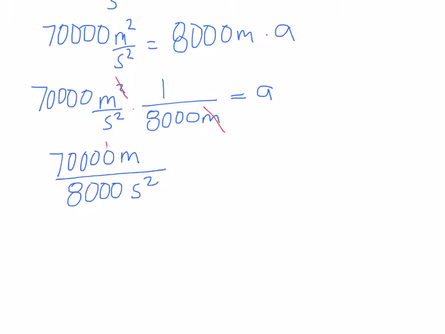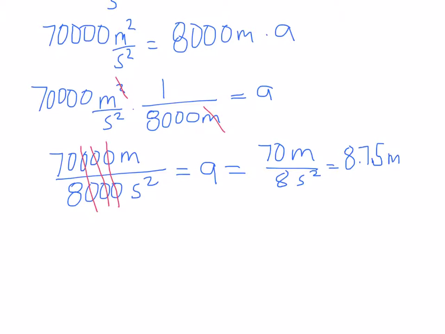So I'm going to cancel some zeros out. That makes things a lot easier. So I'm left, and that's equal to A, with 70 meters over 8 seconds squared, which gives me 8.75 meters per second squared. And that is the final answer.